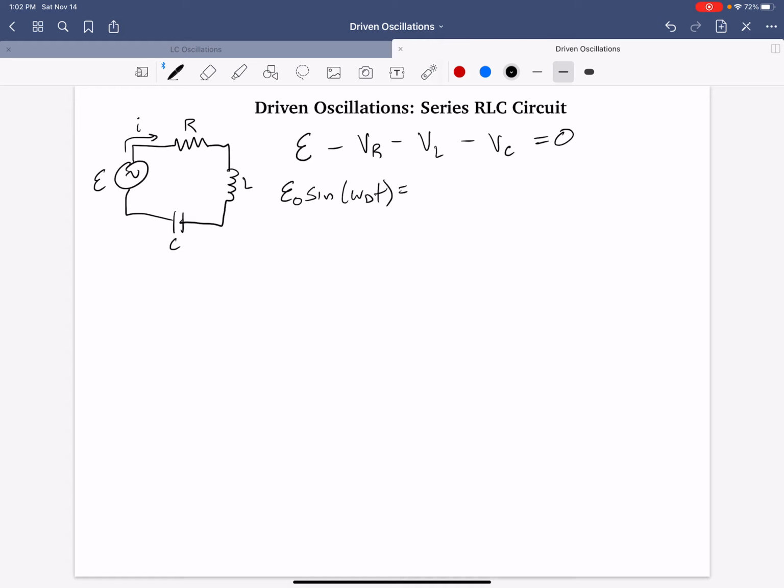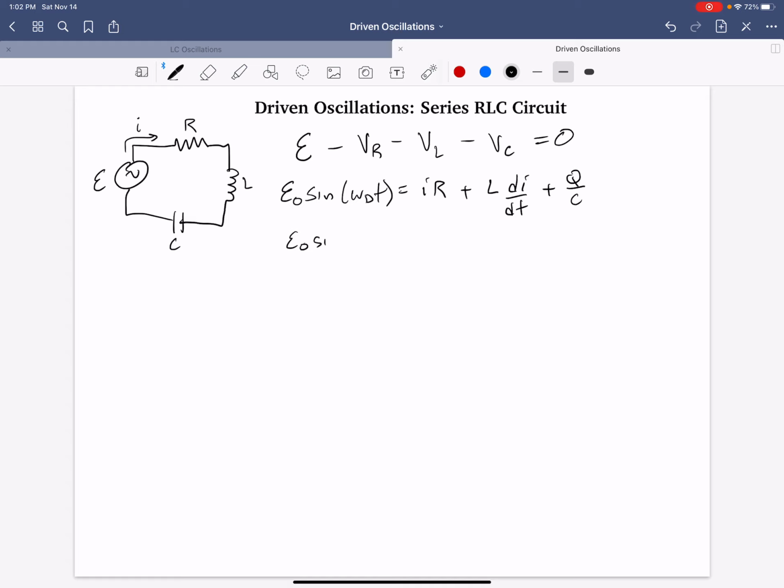And now, taking the V's to the right side, the voltage across the resistor can be written as IR, plus the voltage for the inductor, L dI/dt, and for the capacitor it is Q over C. And I'm going to rewrite the right side just in terms of Q.